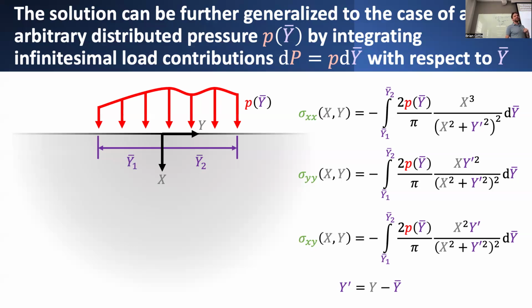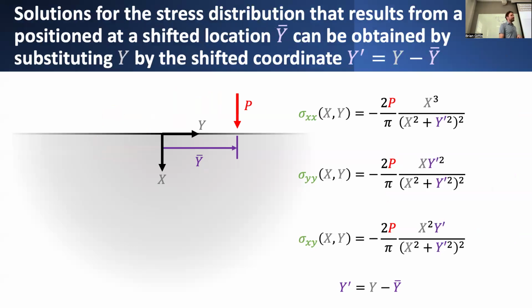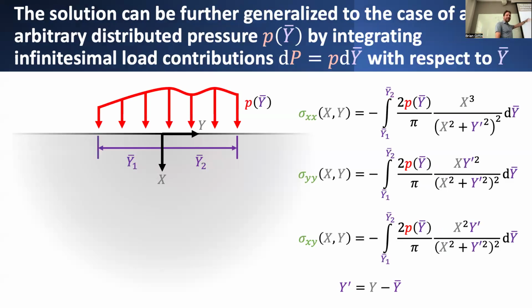So that's precisely what one of the homework problems is asking you to do. It's asking you to take the original solution for this point load applied to this boundary. And then instead of treating P as a distributed load, or rather a distributed load per unit depth, they say treat it instead as a pressure, and then integrate contributions from each of these different things to get some resulting stress distribution.